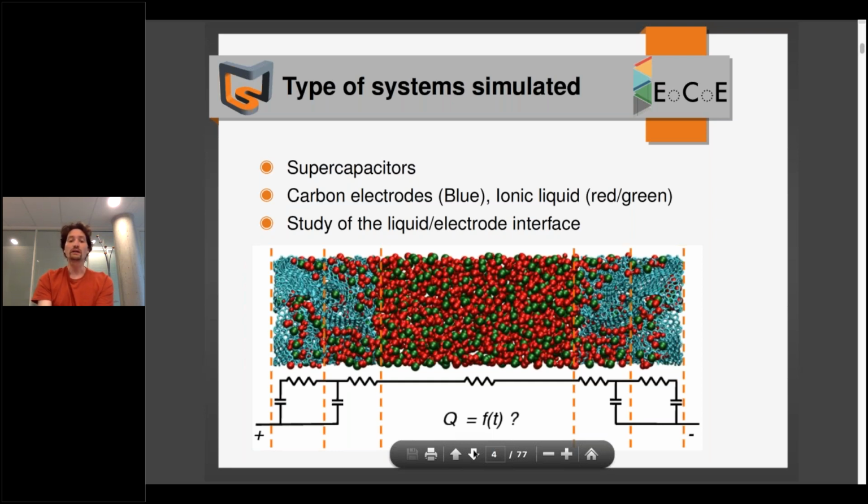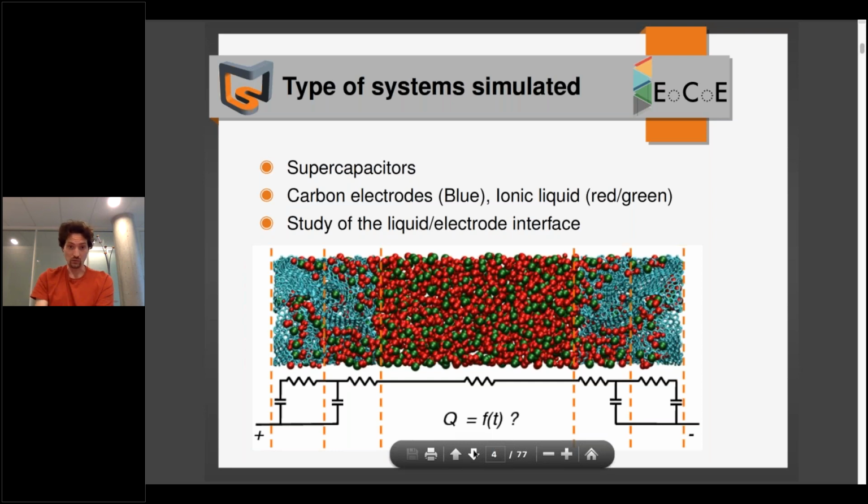Then all the ions will migrate inside the liquid and will be absorbed at the electrode, and that's how you put energy inside the supercapacitors. And when you want to release the energy, you just have to plug the electrodes to the circuit you want to put energy in, and then the process goes the other way around.